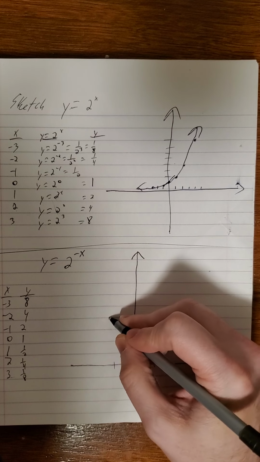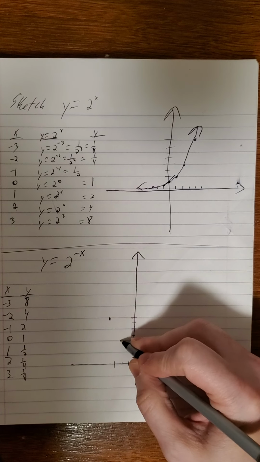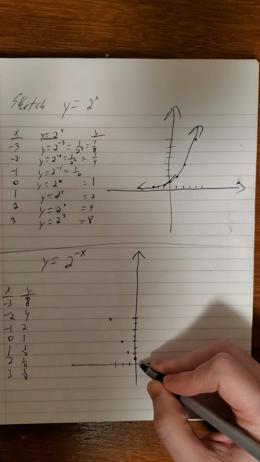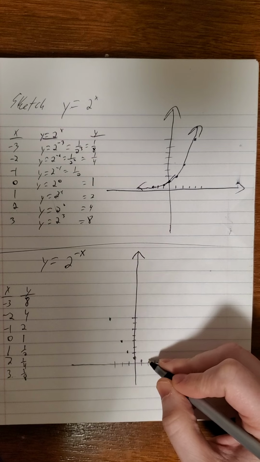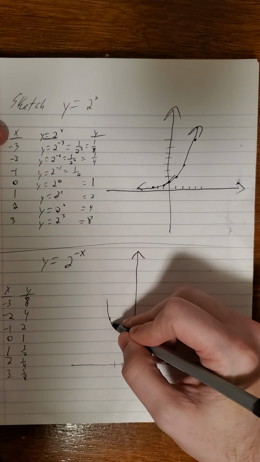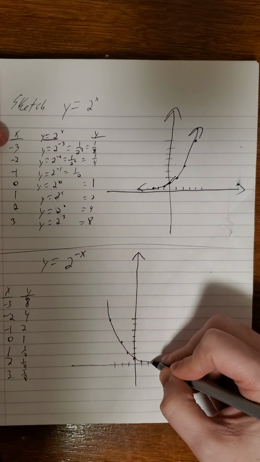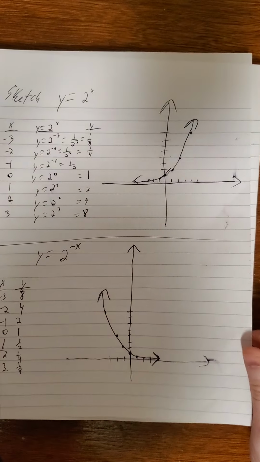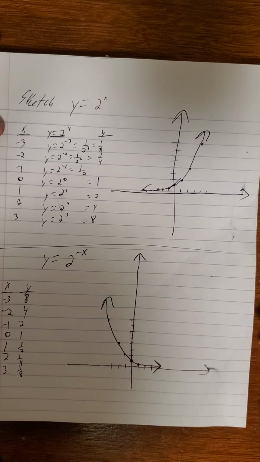So now -3 is our +8, -2 is our +4, -1 is our +2. Any non-zero number, the 0 power is 1. So we're just heading, again, towards that same asymptote, but in the other direction. So we still have y = 0 as a horizontal asymptote. We just don't have it in the same direction.